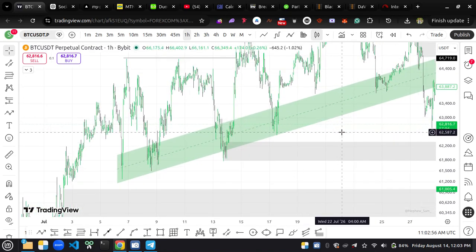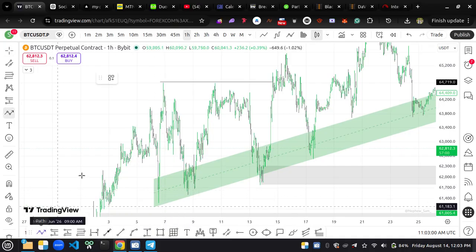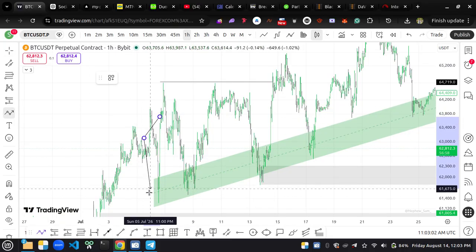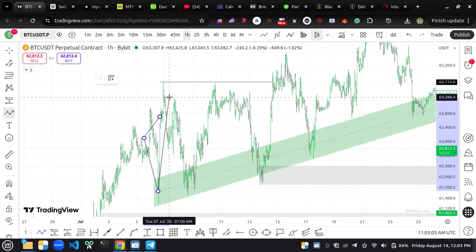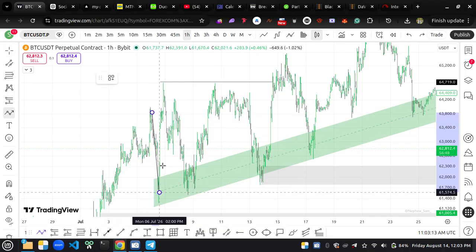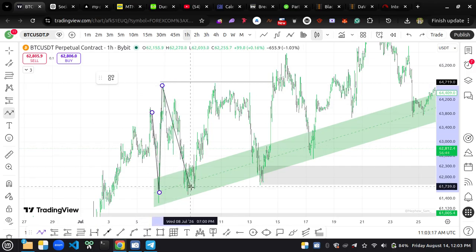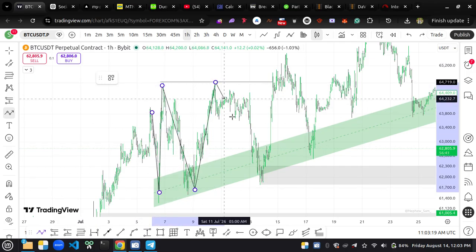Look at this point. Market went up from here. Sorry. So market came from this point. It gave this push to the upside. Support. Another support to full swing.